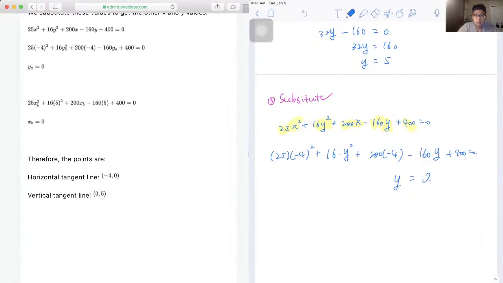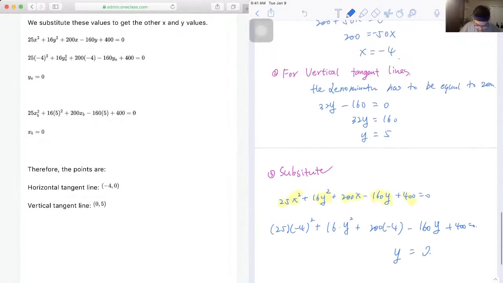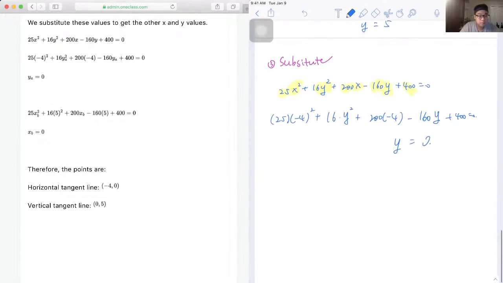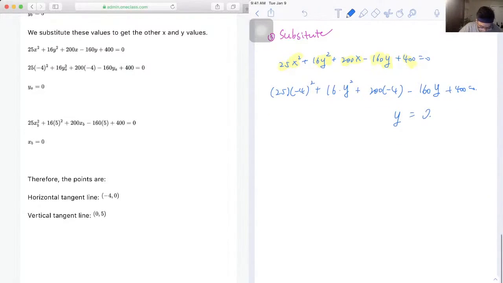Oh, and there's one more. So for this one, 25x squared plus 16 times 5 squared plus 200x minus 160 times 5 plus 400 is equal to 0, and x is equal to 0.